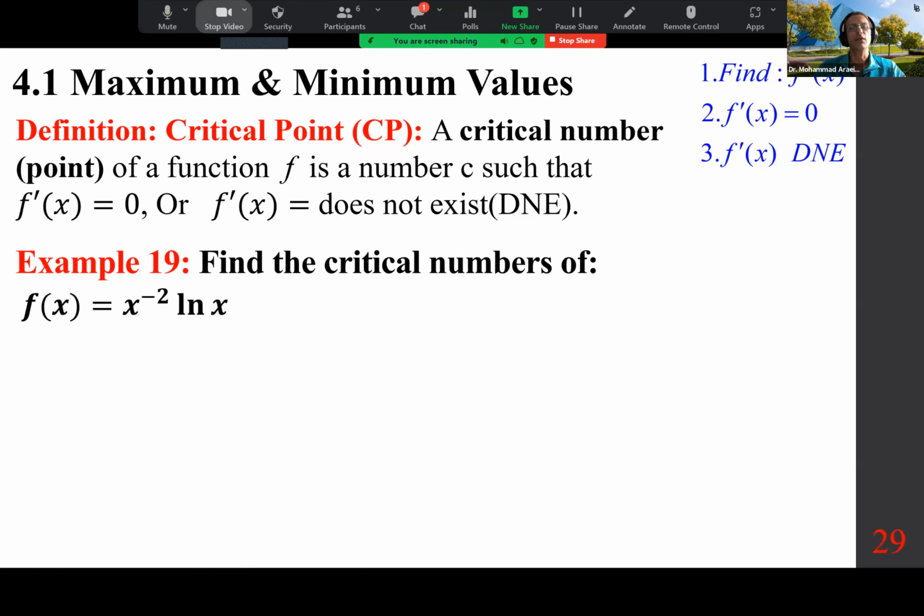So find the critical numbers for f of x equals x to the power of minus 2 times ln x. And the very first step is to differentiate. We need to use the product rule.